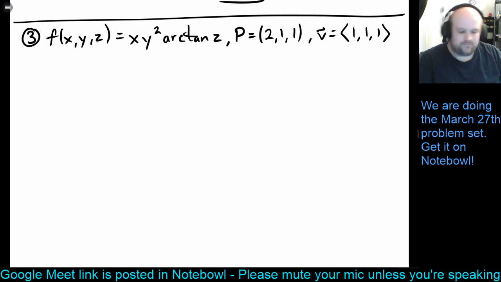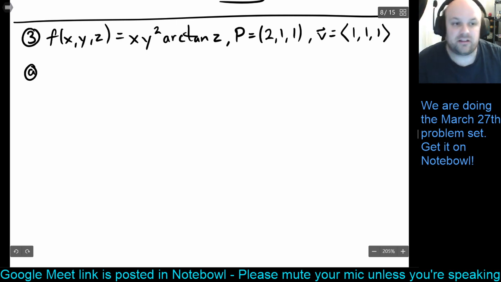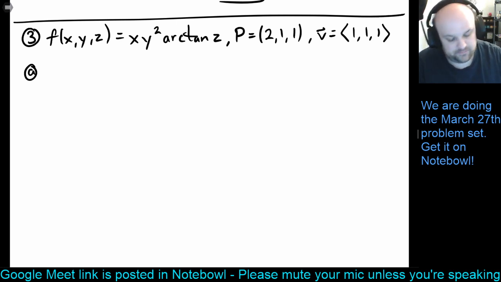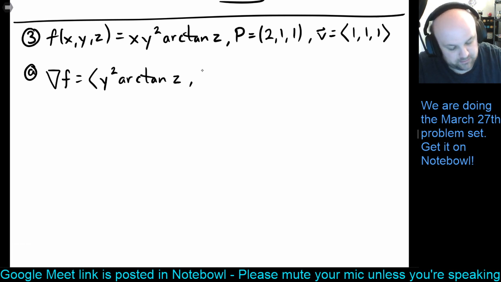All right. Let's go ahead and work through this one. So computing the gradient, we're just doing the derivative with respect to each variable in order. The derivative with respect to x just leaves us with y squared arctangent of z. Differentiating with respect to y, we get 2xy arctangent of z.